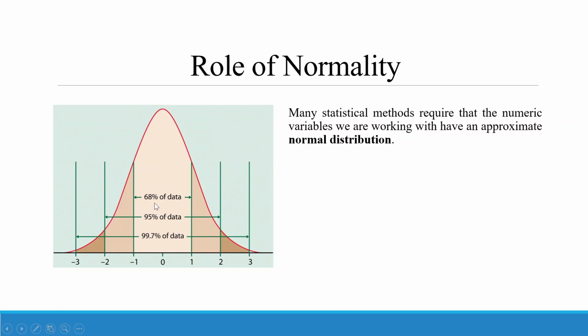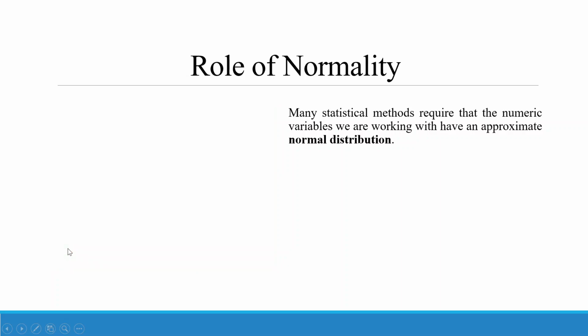If I take plus or minus 2 standard deviations, 95% of the data will be covered. If I take plus or minus 3 standard deviations, 99.7% of the data should be covered. Now, as we are working on a sample, we will be drawing the inferences on the basis of plus or minus 3 sigma. Any data beyond this 3 sigma is considered to be an outlier.